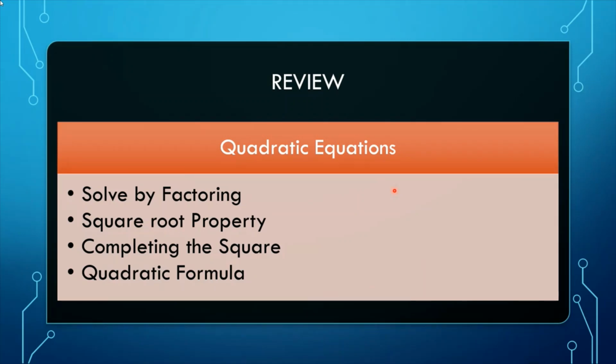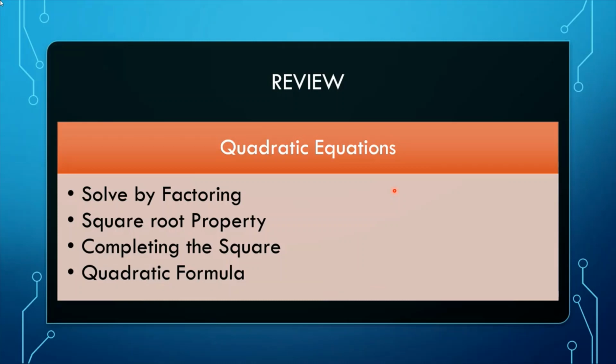We looked at completing the square. Completing the square, first divide off the coefficient of x squared, then you want to move all your variable terms to one side and all your constants to the other side.